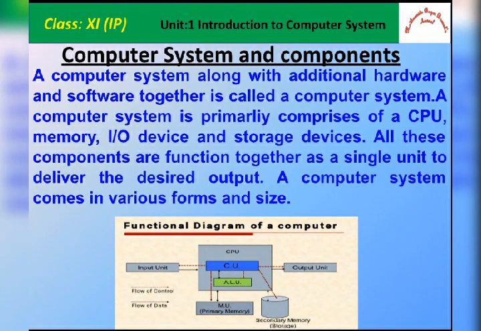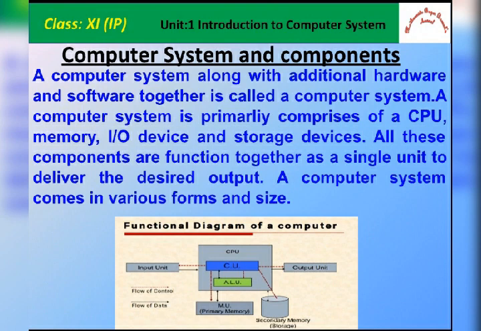Next, if we talk about the components of a computer system, a computer along with additional hardware and software together is called a computer system. A computer system primarily comprises CPU, memory, input-output devices and storage devices.